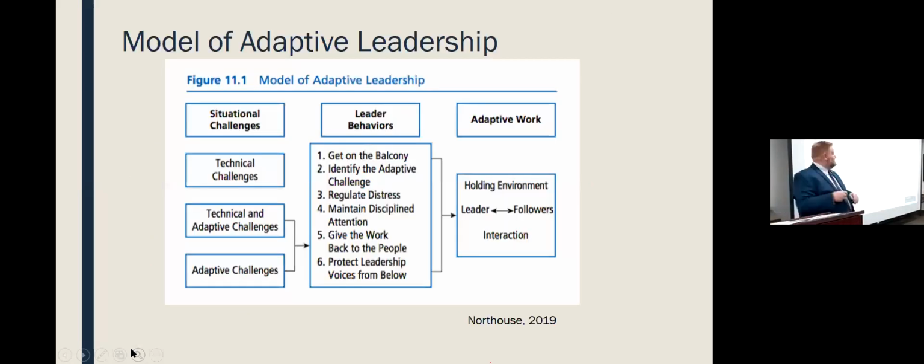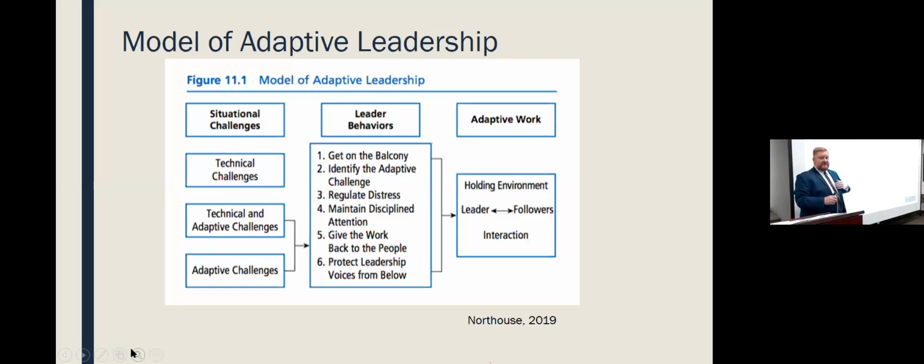So I want to present to you the model of adaptive leadership. This model is taken from the Northouse textbook, which is a book that I use to teach here at the university. As you can see, this model has 3 different categories. There's your challenges section, and I'll get into challenges in a minute.